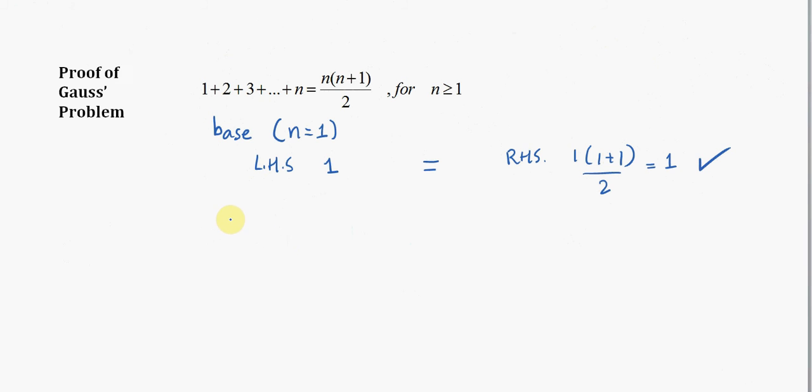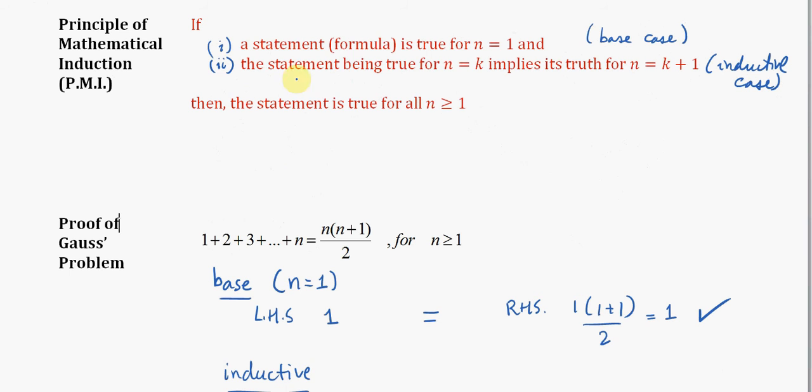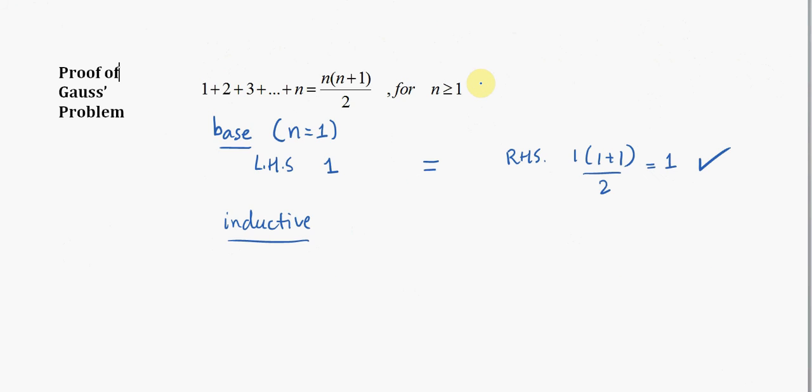Now for the trickier part, which is the inductive case. The inductive step says that if the statement is true for some value k, meaning we're assuming the statement is true when n equals k, we have to show that the statement is true for n equals k plus 1.